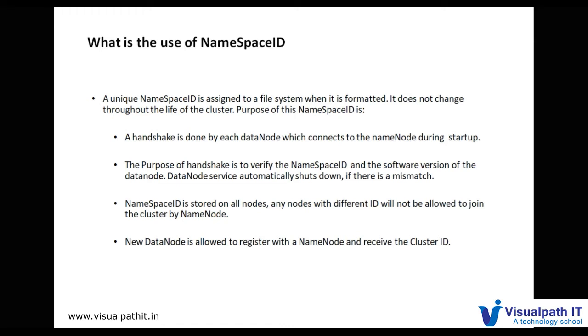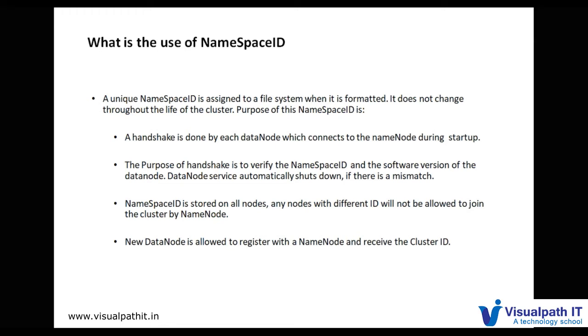Okay, and also a handshake is done by each data node. When you formatted the name node, a namespace ID was created. Using that namespace ID only, all the data nodes will communicate with the name node. That is the usage of the namespace ID, which connects to the name node during startup.